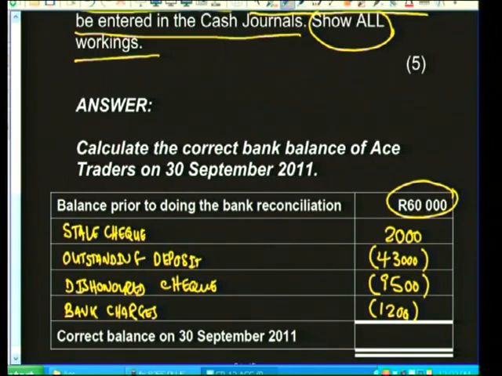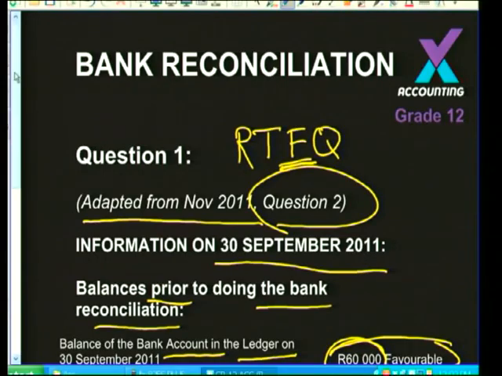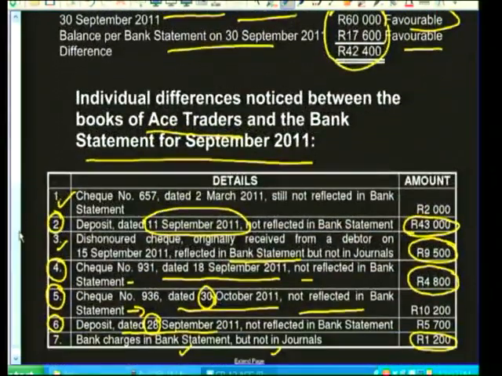Just a bit of information on these two here, so that you have clarity. Remember this 43,000. We've shown it as a deposit that was made on the 11th of September, and the reason we are bringing it into consideration is because we are saying that this deposit should have been reflected, but it's not there. So certainly it's not a timing difference.